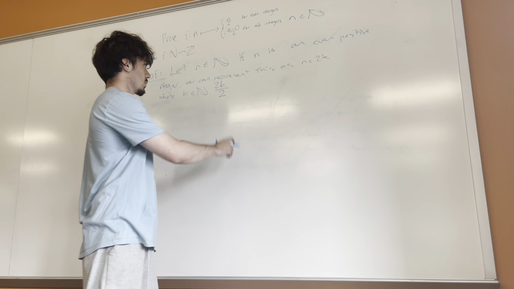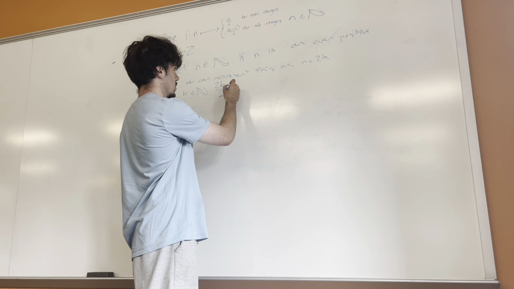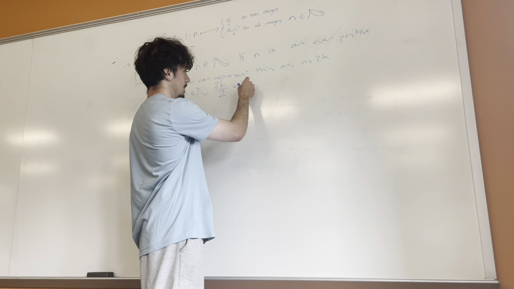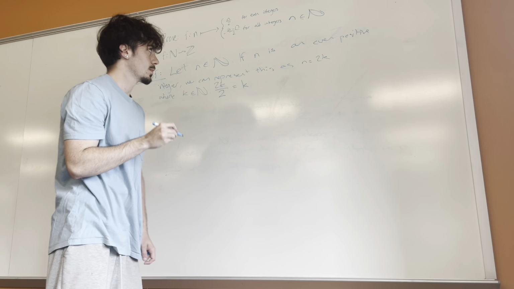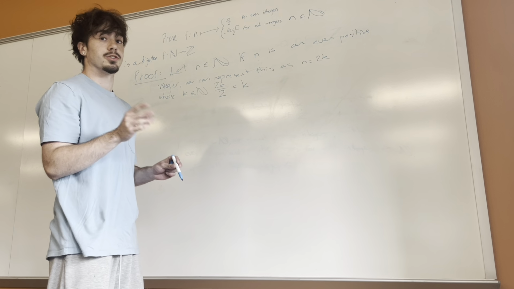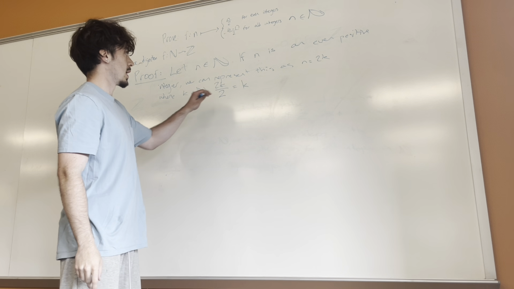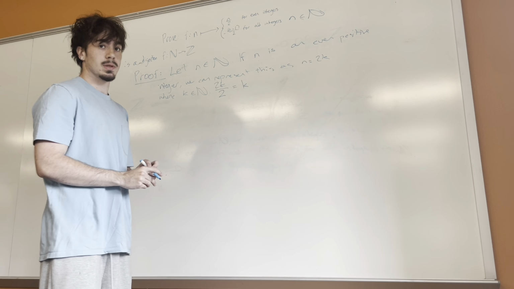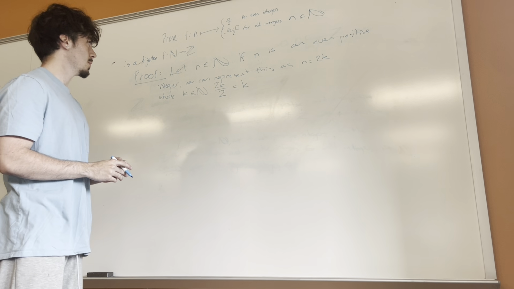So the 2's cancel out here and we just get k. And in this way, all even integers from N map to the positive integers in Z. So that's the first half of our proof here.